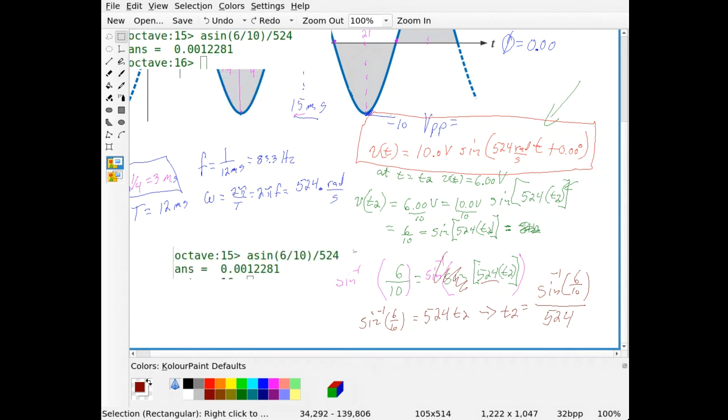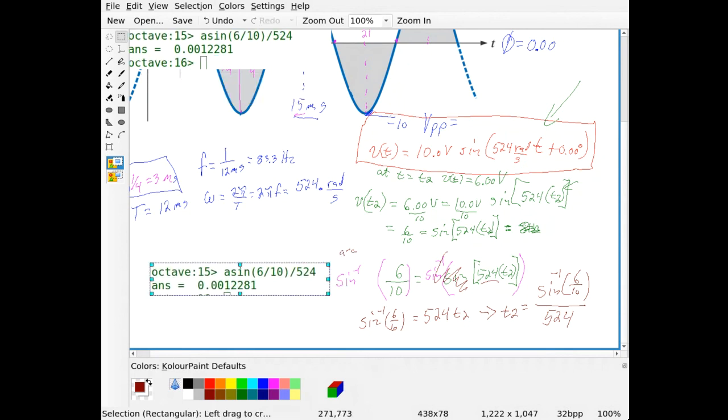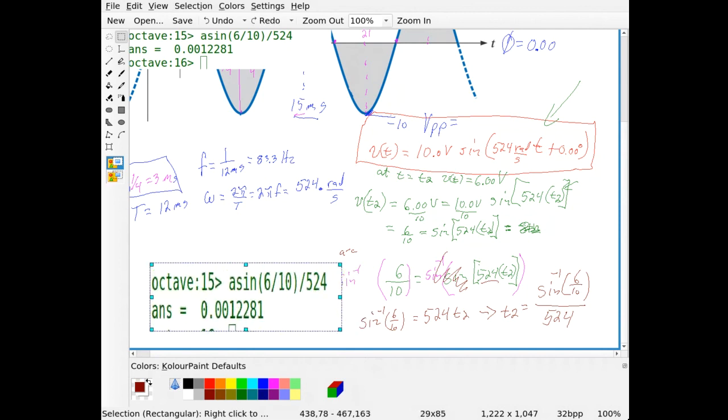There it is, right there. I guess I didn't lose it. It was popped up top there. All right, let me make it a little bit bigger here.